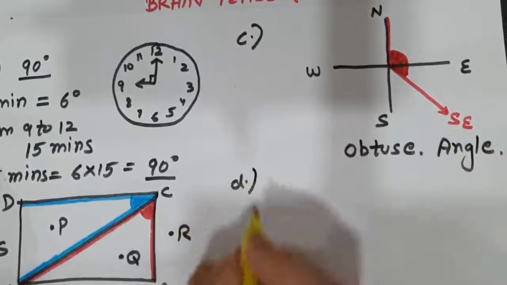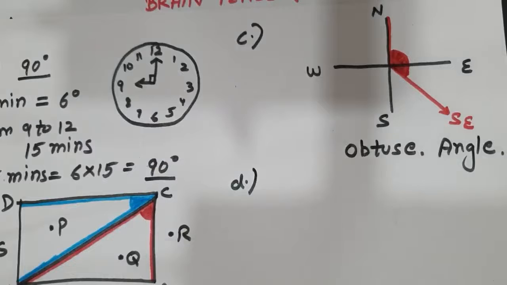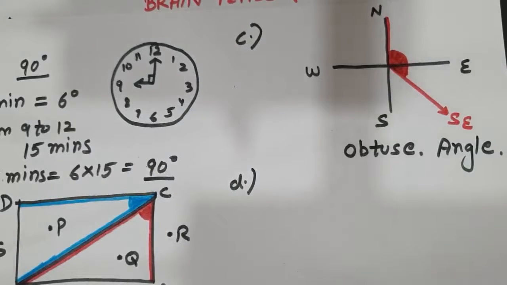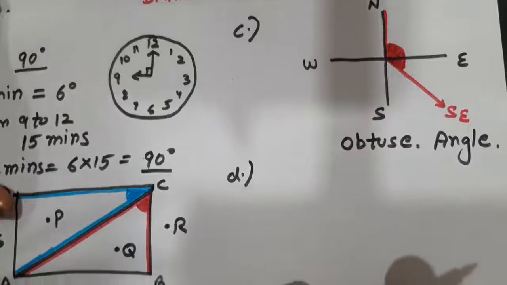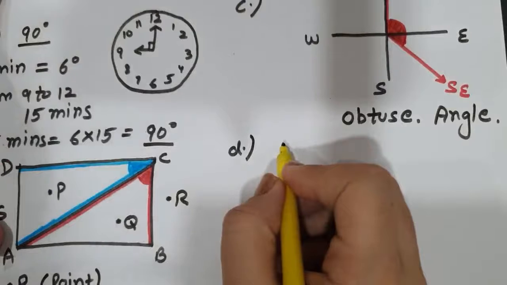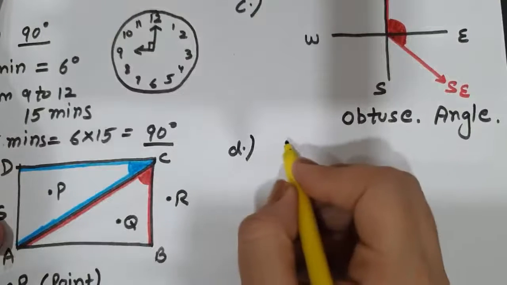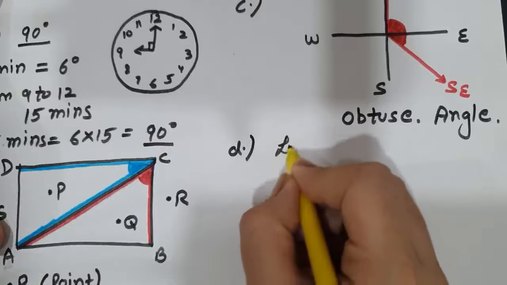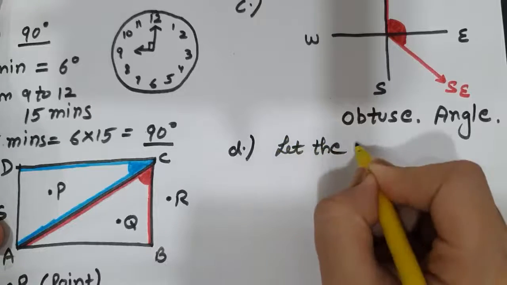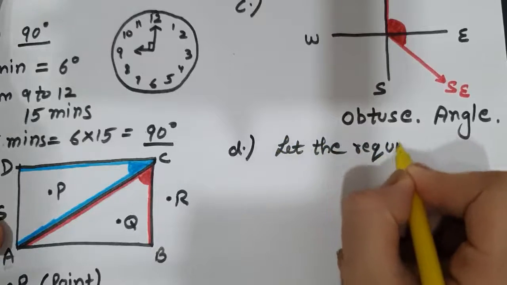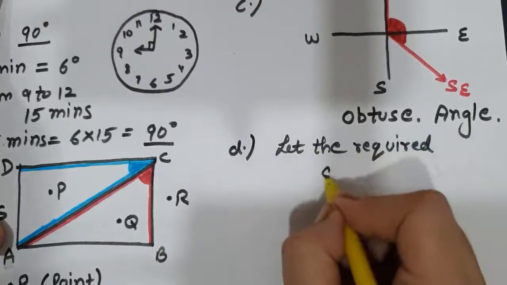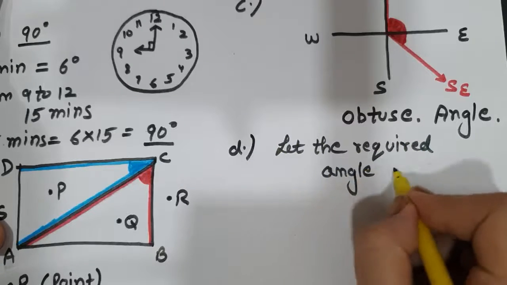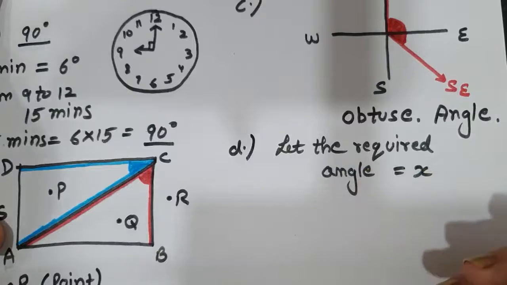Moving on to the D part. If the measure of one angle of the linear pair is 85 degrees, find the other angle. So you all know by now, the sum of angles in a linear pair is always 180 degrees. So let the required angle measure equal x degrees.